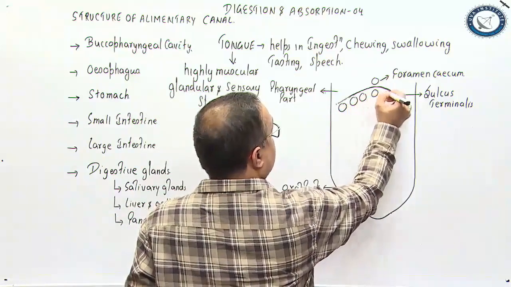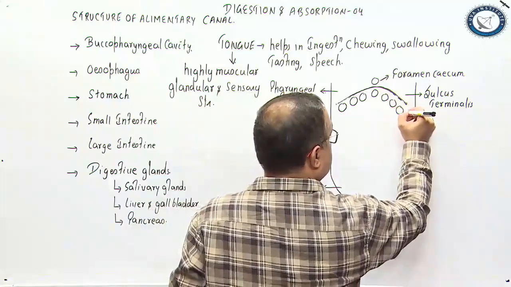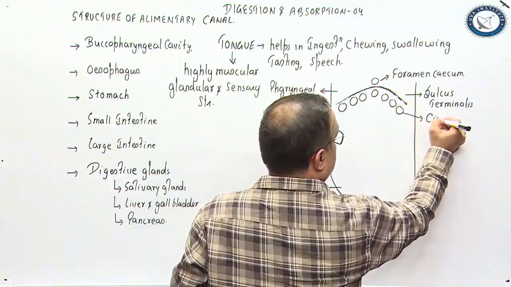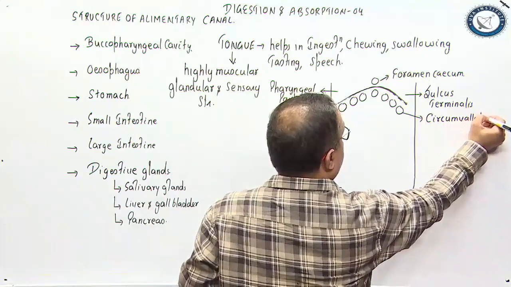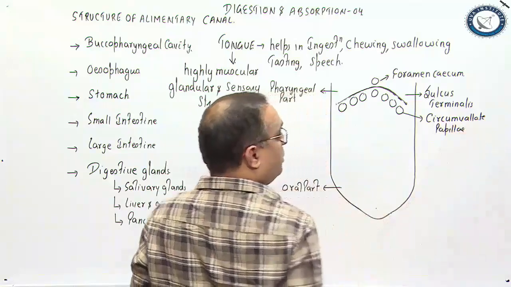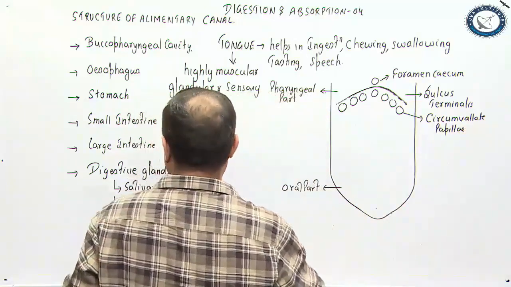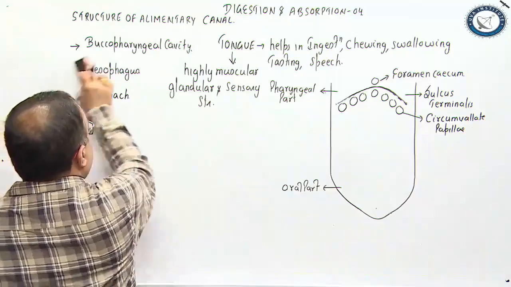These are circumvallate papillae. So let's label these as circumvallate papillae, or simply we call them vallate papillae. Let me write the details also for these papillae.